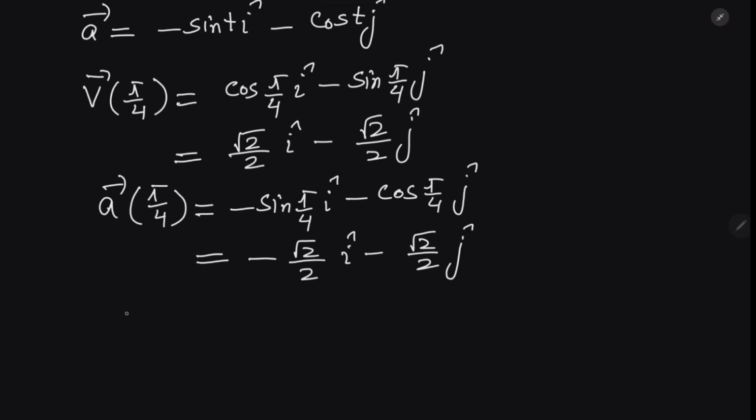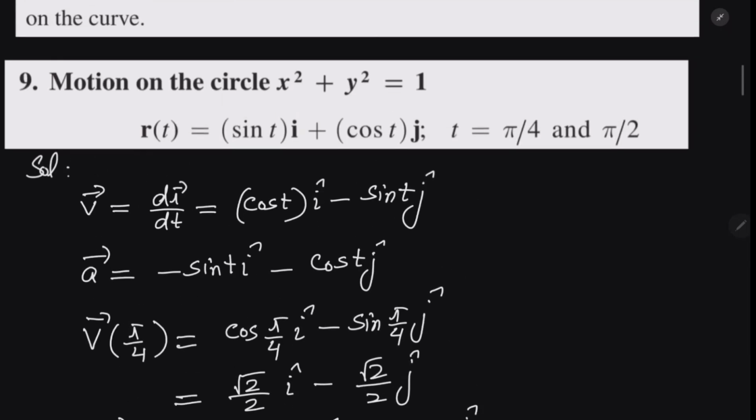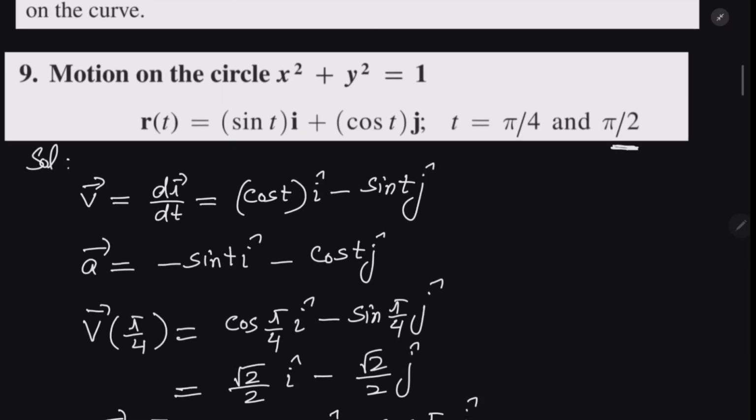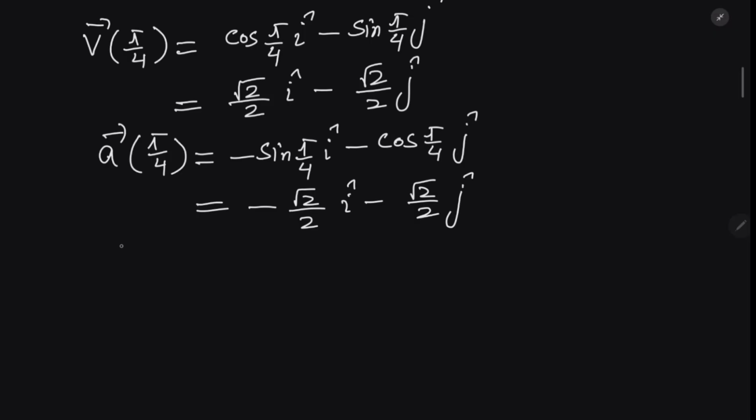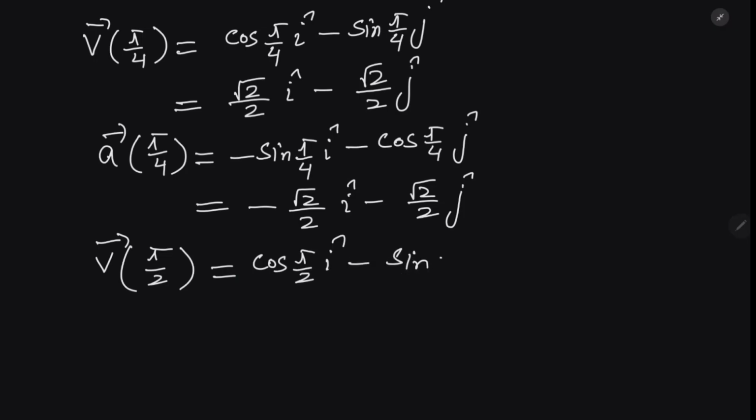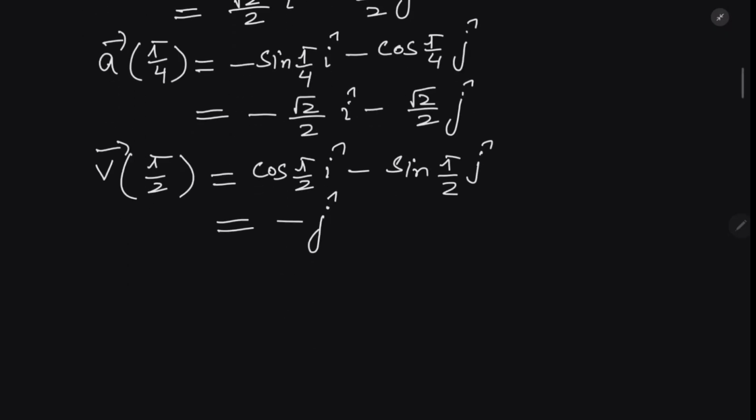Similarly, at t is equal to pi by 2, we need to find the velocity and acceleration. Velocity at pi by 2 can be given as cos pi by 2 i minus sine pi by 2 j. Cos pi by 2 is 0i, and sine pi by 2 is 1, so we only get minus j.